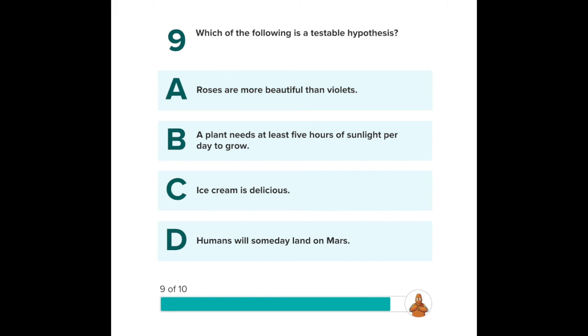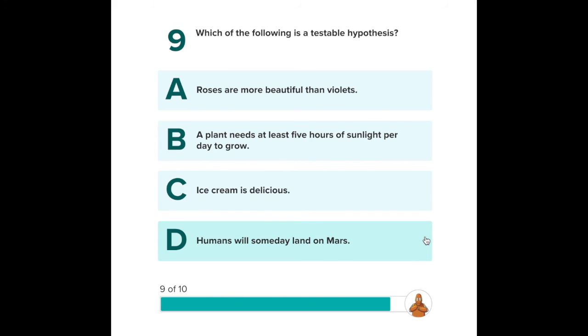Number 9. Which of the following is a testable hypothesis? A and C are opinion. Some people believe roses are more beautiful, some people like violets more, some people like neither one of them. Ice cream is delicious too. It is a popular opinion, but perhaps not everyone thinks that ice cream is delicious.